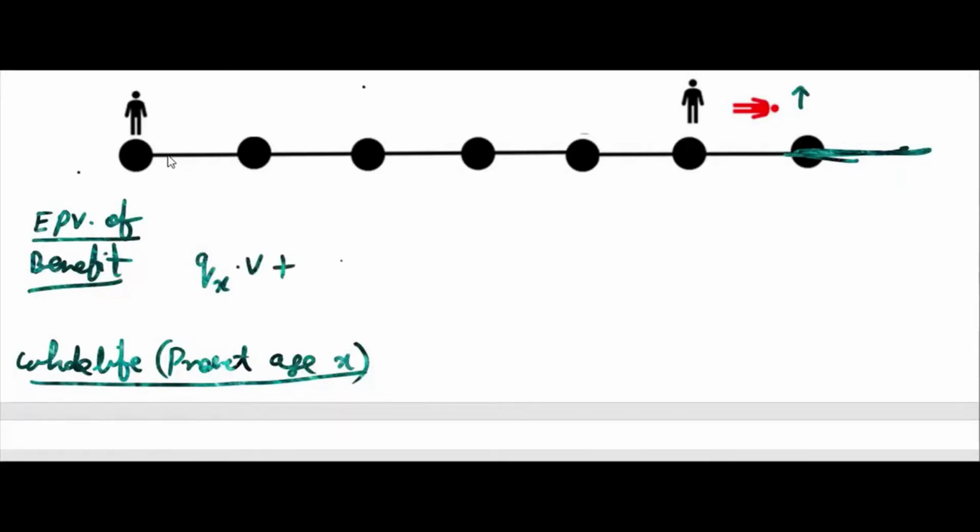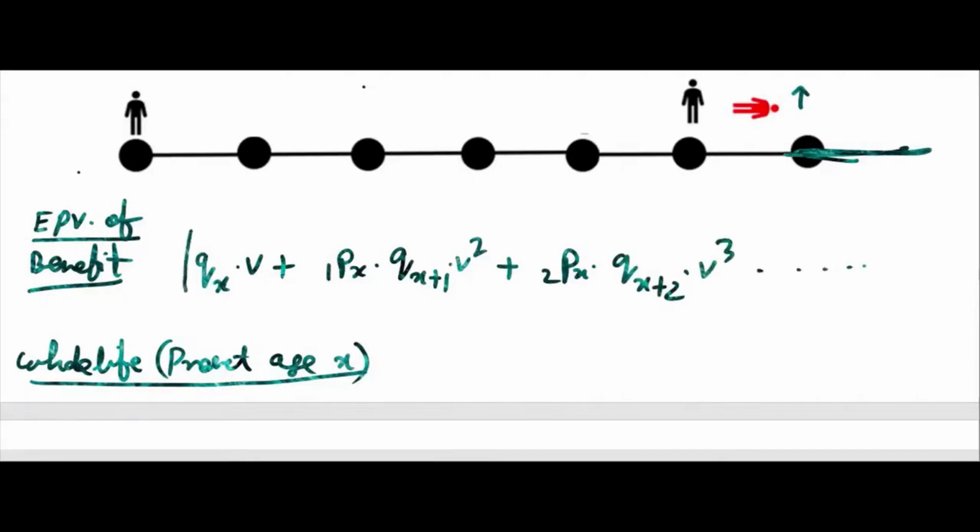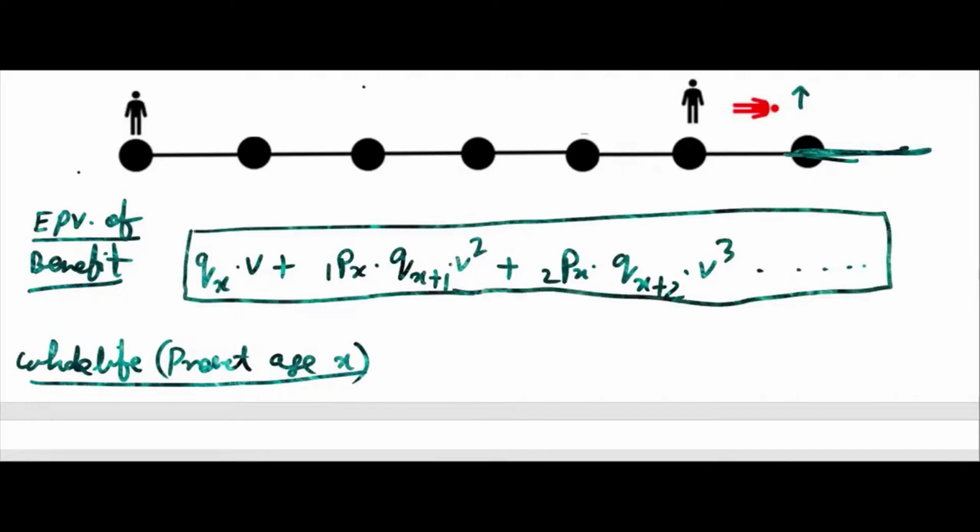Qx V, Px1 Qx plus 1 V square, then Px2 Qx plus 2 V power 3. It will continue. And remember, if you add all the terms, that will be your Ax.